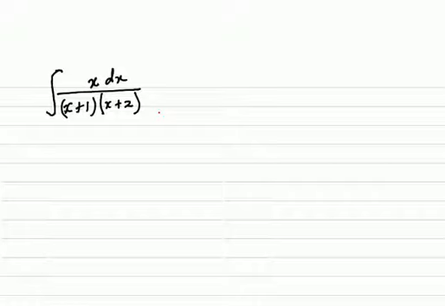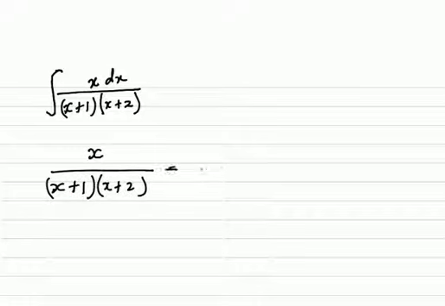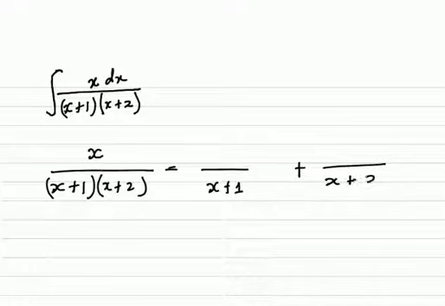So that motivates us to take a break and revise how we break an algebraic fraction like x over x plus 1 by x plus 2 into partial fractions, in this case into two fractions with denominators x plus 1 and x plus 2.